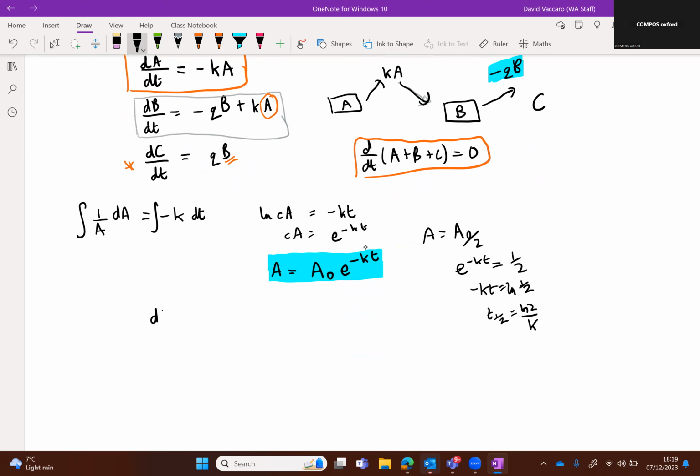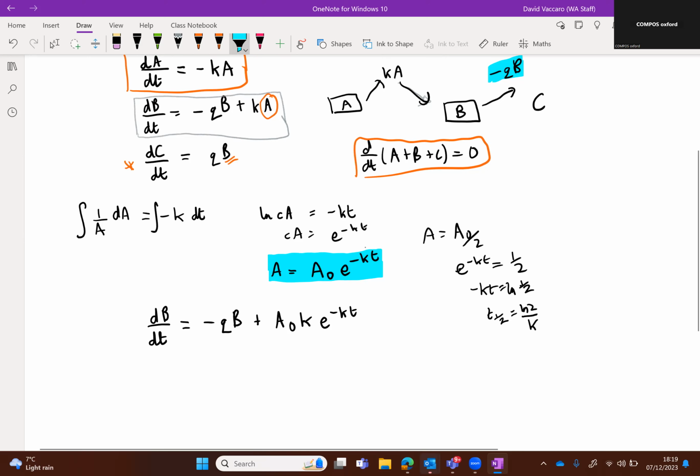So I've got dB by dt is equal to minus QB plus A0 K e to the minus KT.